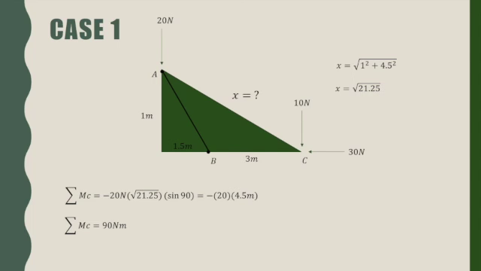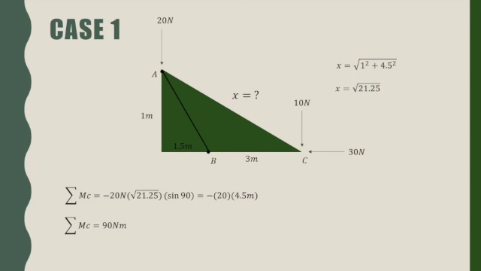This way we are able to use the Pythagorean theorem to find the distance between point A and point C. Once we have all our data, we can calculate our sum of moments, solving the operation, and we get the result of 90 newton meters. We can actually calculate the sum of moments at any point, but we decided to do it only at point C. And that's all.